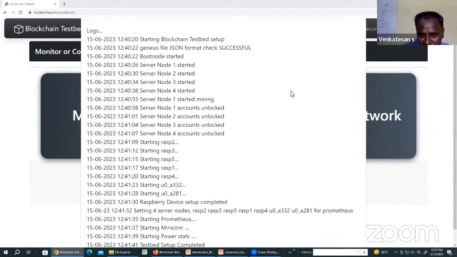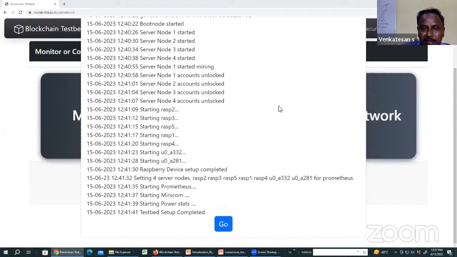So this testbed is considered mainly from the research perspective, not for developing enterprise applications.